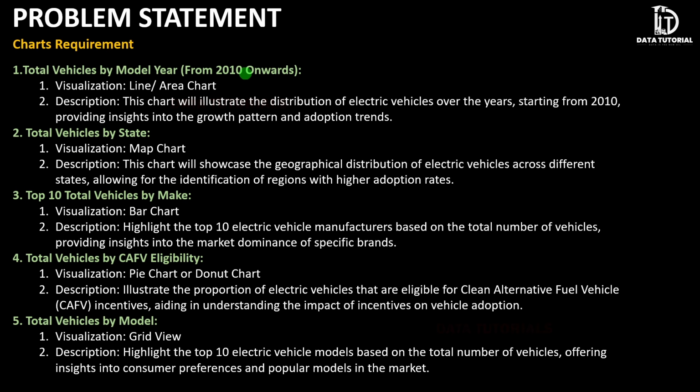By geographical map, how is the distribution of electric vehicles, that will be seen with respect to a map chart. Then we want to find the top 10 vehicles by make. By make is nothing but that particular vehicle company, the leading vehicle manufacturer in those electric vehicles.